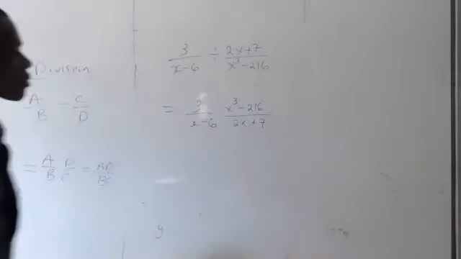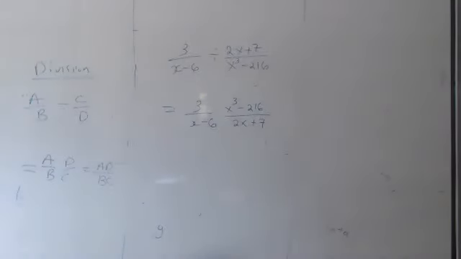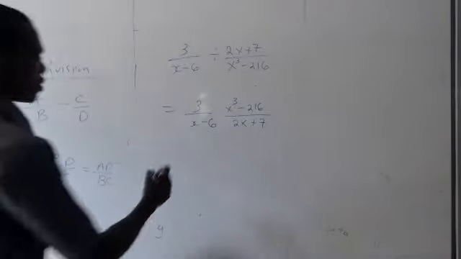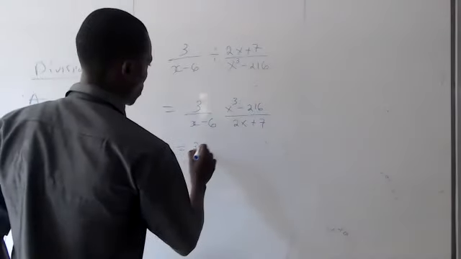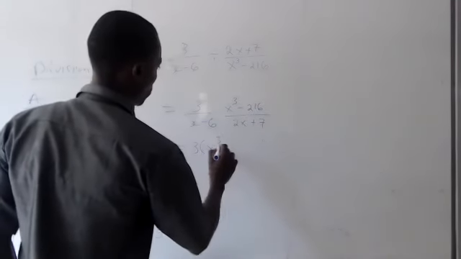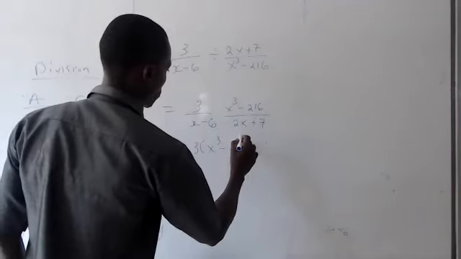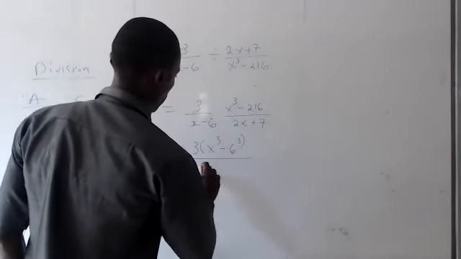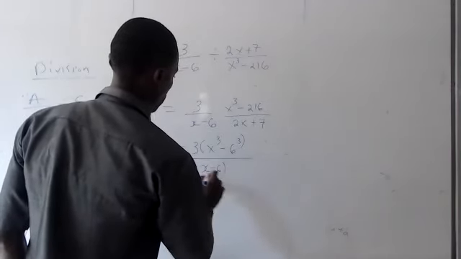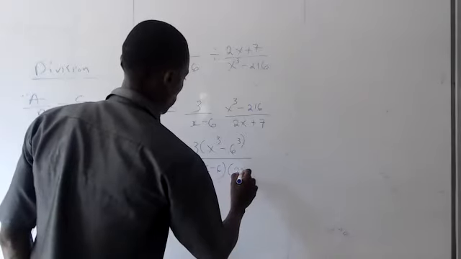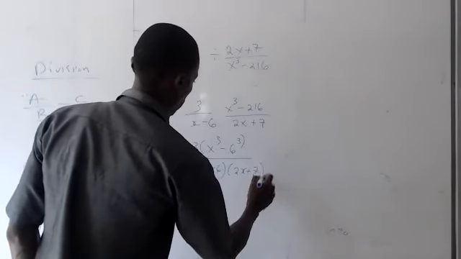Yes, x cubed minus 216. You remember factorization of a difference of cubes? So you could write this as 3 into x cubed minus 6 cubed divided by x minus 6 into 2x plus 7.